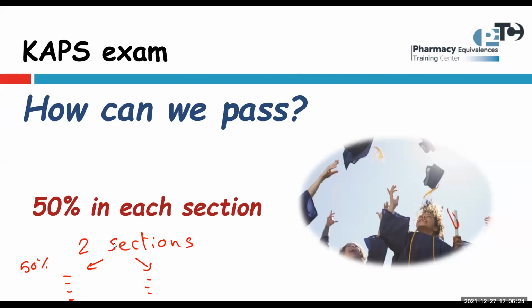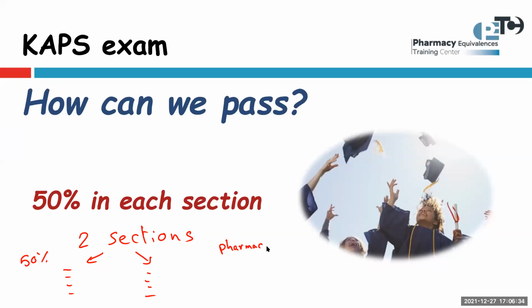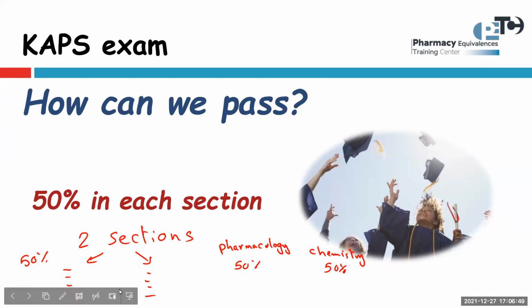50% of each. Let us take an example. Paper number 1 is formed of pharmacology and chemistry. You should pass 50% of pharmacology and 50% of chemistry. Some people pass pharmacology with 70%, and for chemistry they get only 49%.